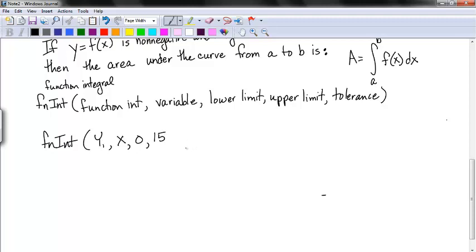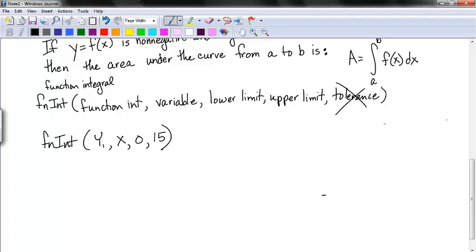The tolerance, like I said, we're not going to mess with that. Close the parentheses. We're just accepting the default on the tolerance. And then you press enter.